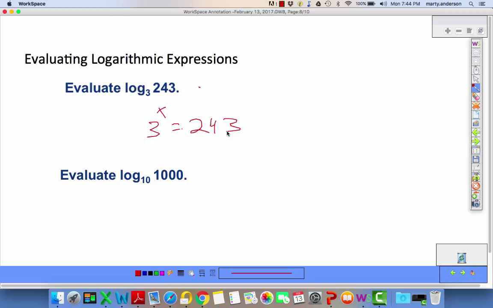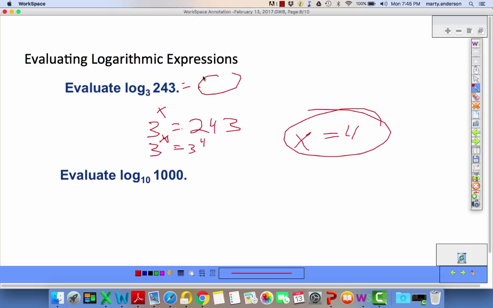I could be wrong. I have no idea. Maybe this is 3 to the 4. Maybe this is 81 times 3 again. Oh my gosh, it is. Took me that long to figure that out. So 3 to the x equals 3 to the 4th. x equals 4. 3 to the what equals 243.